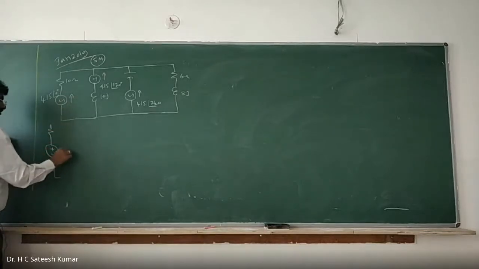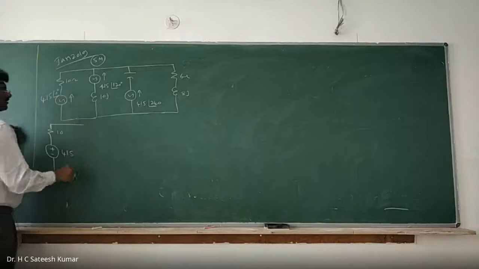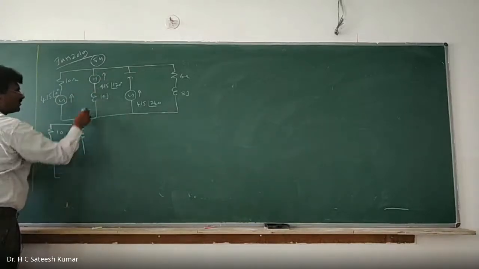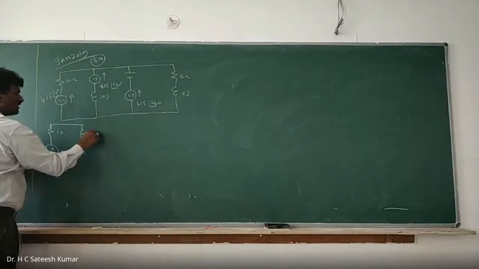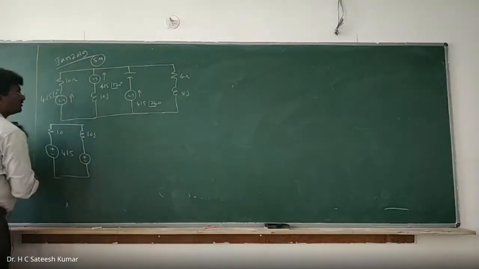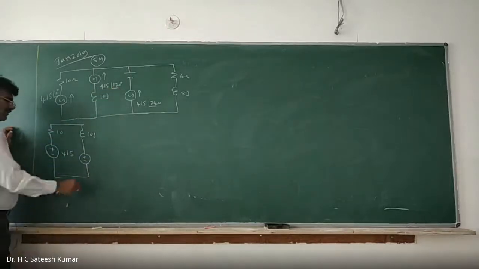At an angle of 0 it is 415 only, 10 ohms. And a voltage source, so there is the impedance, you write it here, no problem. In series; they are given this way just to confuse you, that's all. 10J and voltage source 415 at an angle of 120. Convert it into rectangular.